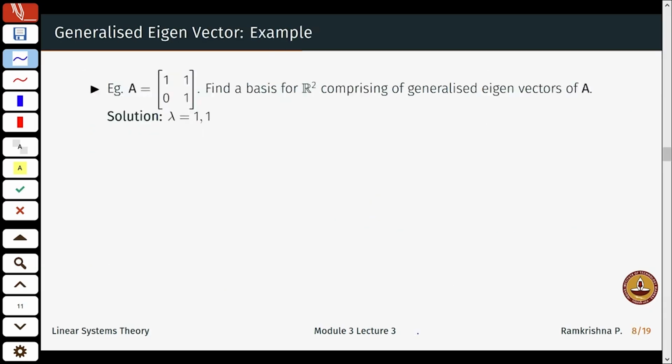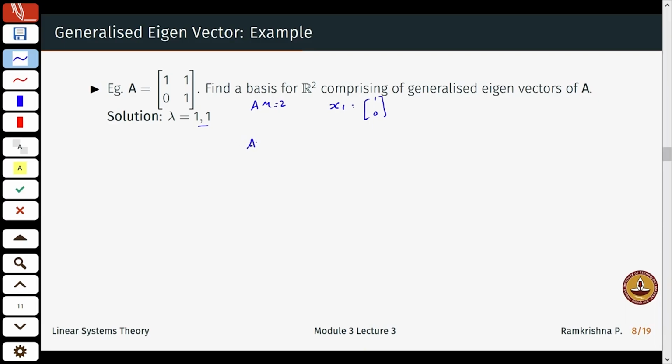As a simple example, let me go with this matrix, 0 1 1 0. It has eigenvalue 1 and 1 with algebraic multiplicity being 2, and the only possible eigenvector is 1 0, if you do it in the standard way. Now, can I find the second eigenvector?